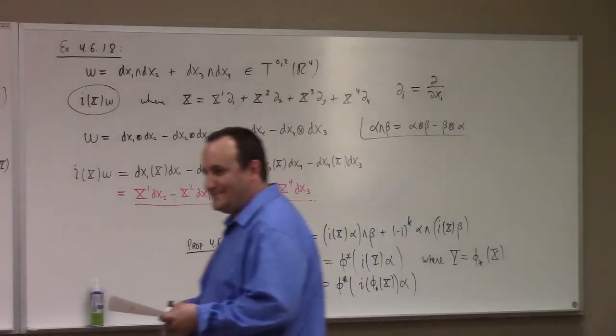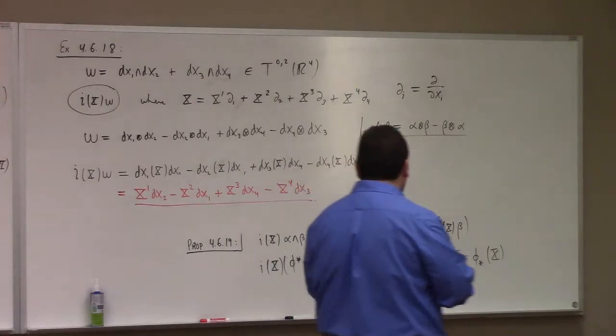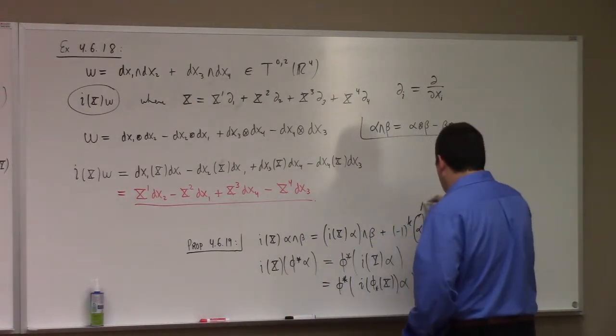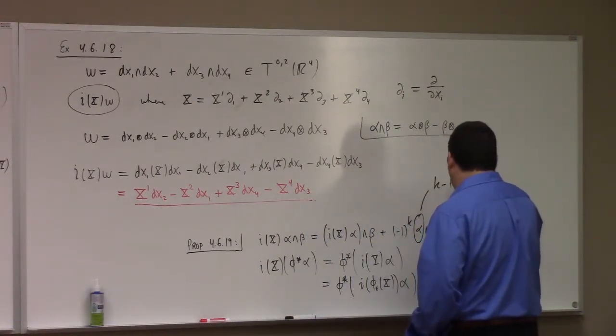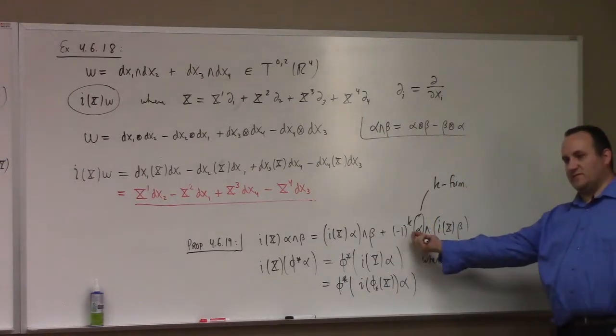How is the value of k determined in this situation? What is k there? Here, this is a k form. It's the sign that it costs you to bring past the x's.